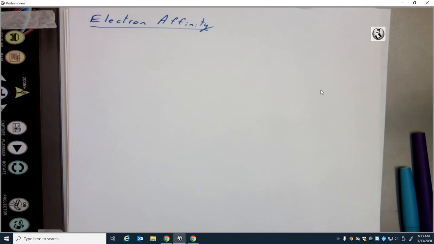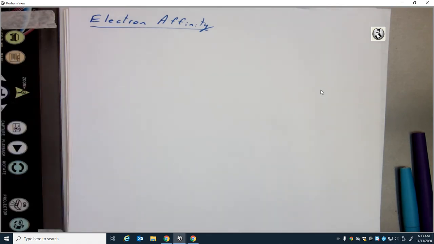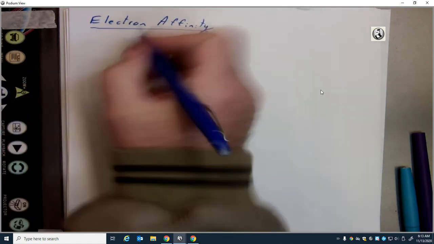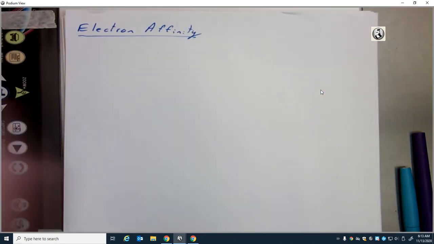So today we're going to deal with electron affinities. We're going to continue with some of our trends. So our electron affinity is probably something you haven't talked about before.